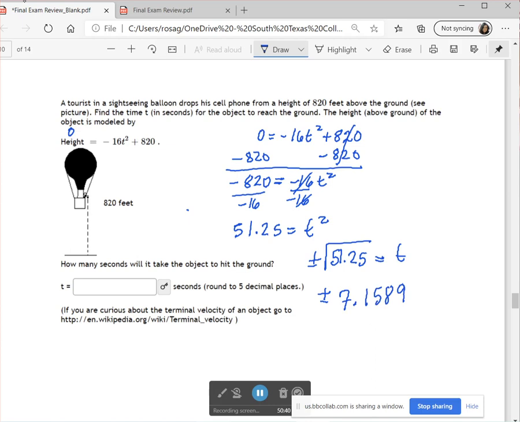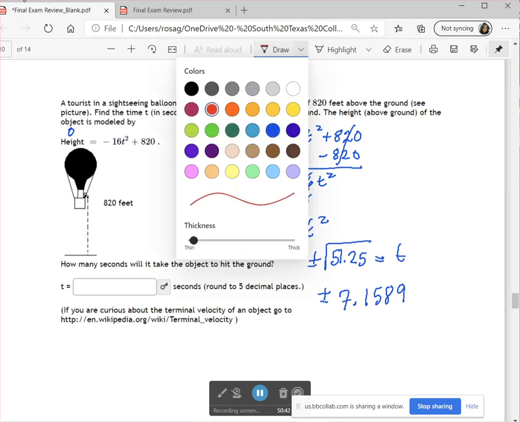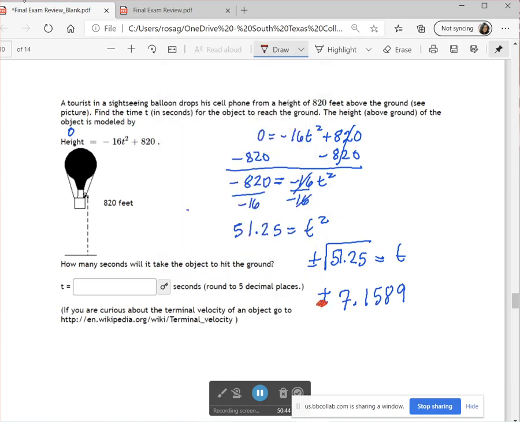Now it's plus minus, but remember that time cannot be negative, so I cannot use the negative 7. I'm just using the positive. It does say to round to 5 decimal places, so when I write it here, I'm going to write 7.15891. 1, 2, 3, 4, 5. Questions on that one?